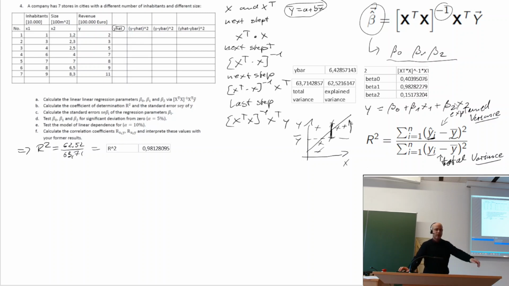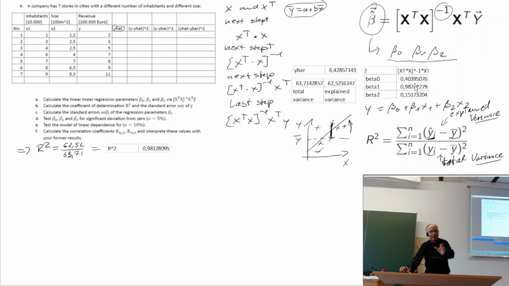If we are going to another city with 10,000 more inhabitants, then we could assume that due to our descriptive regression, the revenue raises by, almost a one-to-one increase since beta 1 is 0.98.